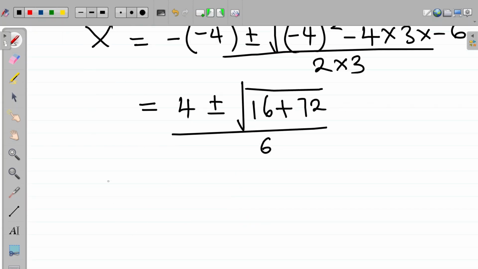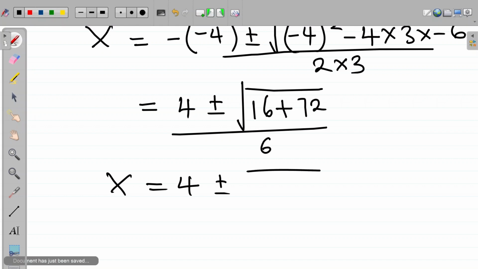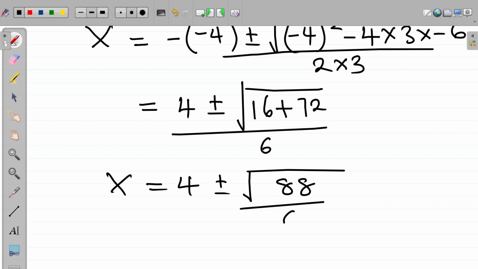So the equation becomes x equals 4 plus or minus the root of, let us simplify what we have inside our square root, 16 plus 72, which is 88, divided by 6.